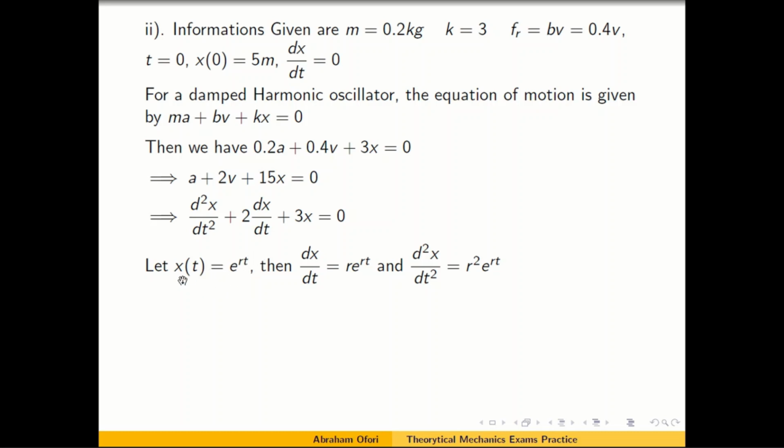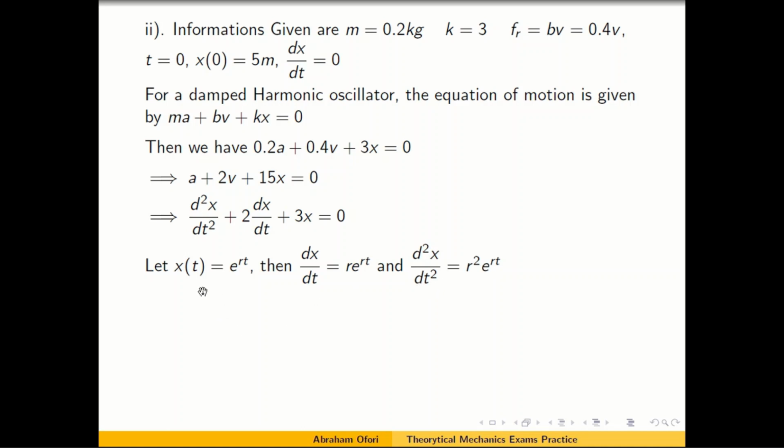We say that our x of t, which we don't know yet, we let it be e to the power rt, a certain r times t. Then dx dt will be r e to the power rt, and d squared x dt squared will be this.